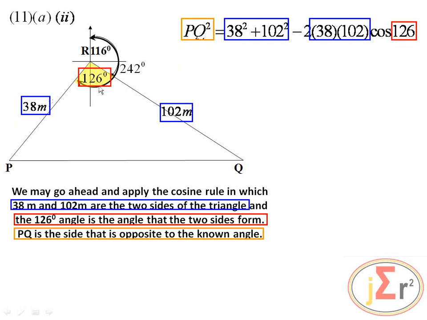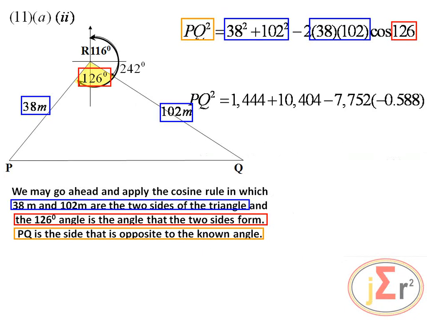These are the two sides formed by this angle. Here we have also the angle. The angle goes there, and we are trying to find this one, the side that is opposite to the known angle, or the angle that the other two sides form. From here on, it is just arithmetic manipulation.